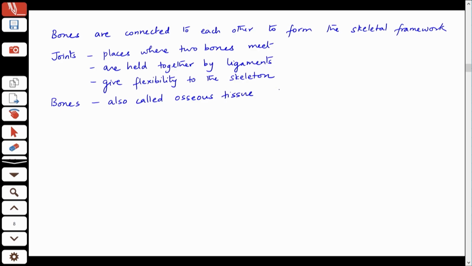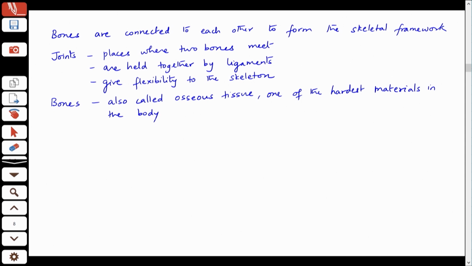They are made of one of the hardest materials in the body, and it is formed by a process that is called ossification.